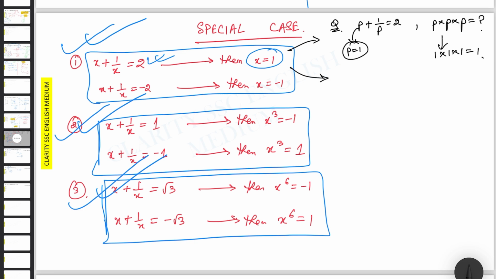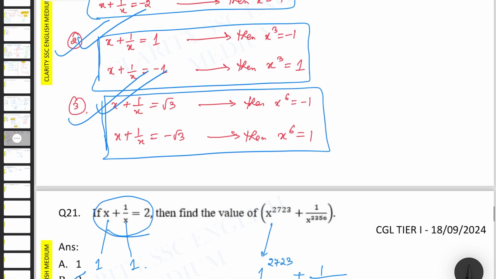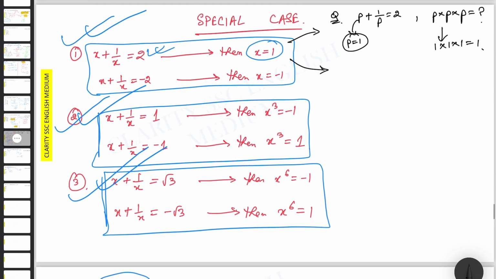Again, let me write another question. X plus 1 by x is equal to minus 2. Then find x to the power 6 plus x to the power 5 plus x to the power 4 plus x to the power 3 plus x squared plus x plus 1.